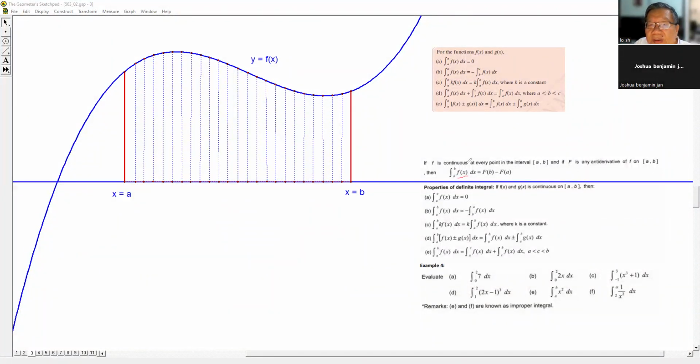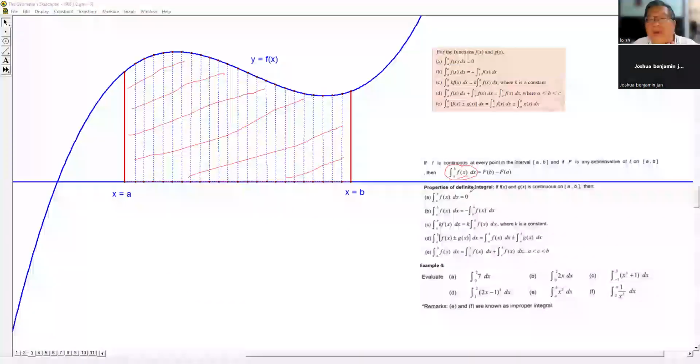Now this definite integral will give you the area under the curve. The area under the curve from a to b, right? So your answer, the number that you get after you subtract, is actually the area under the curve from a to b. That is the physical meaning of your integration. Okay.